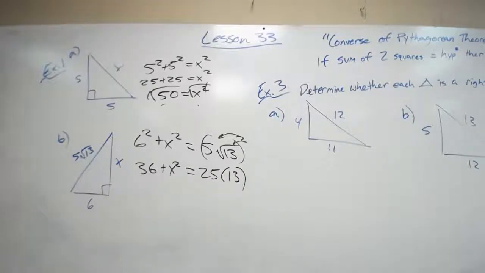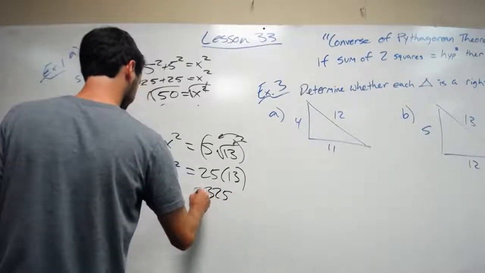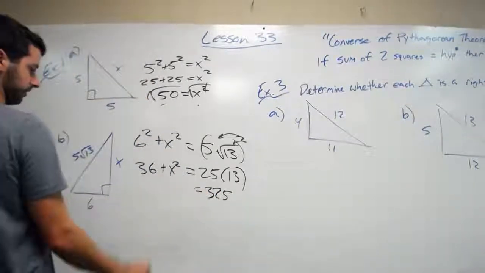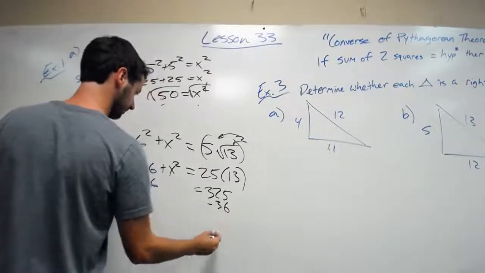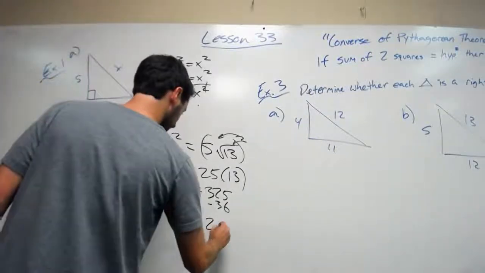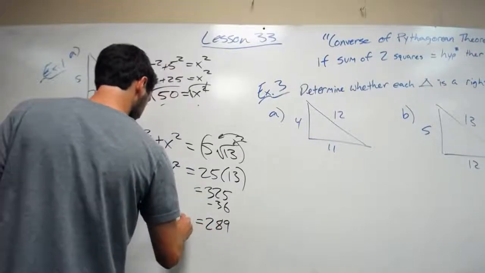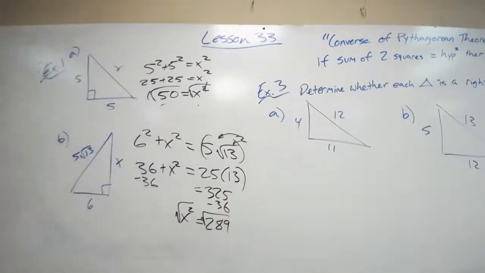Now we multiply those together to get 325. 325 equals all this. Subtract 36. 325 minus 36 is 289. That equals x squared. Square root it.